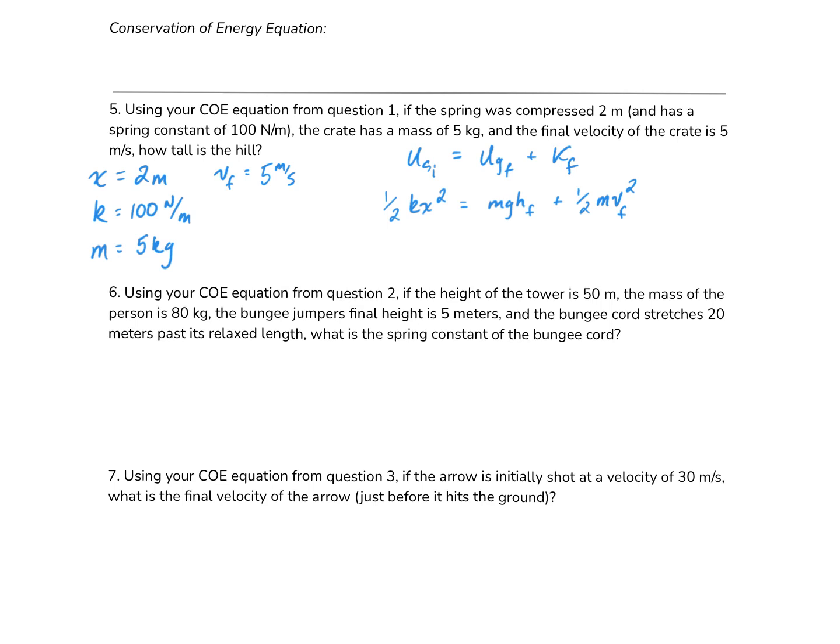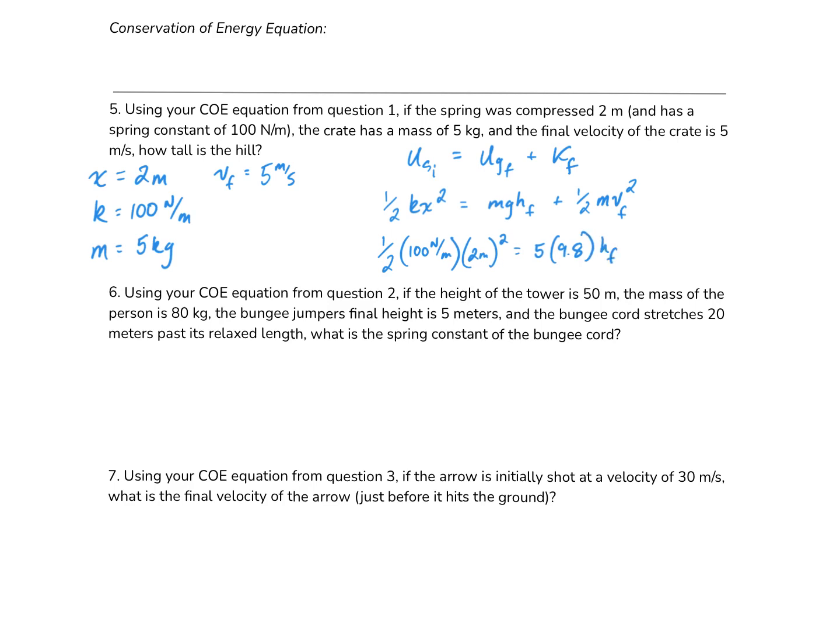And now hopefully you can see that this is really just a plug and chug activity. We're taking the known values that we have and using those to solve for our height final. There's a little bit of algebra involved here. I'm going to plug in all of our values just so you can see what this looks like. So there's our spring constant, there's our 2 meters squared. Our mass here for gravitational potential was 5 kilograms times 9.8 meters per second squared.